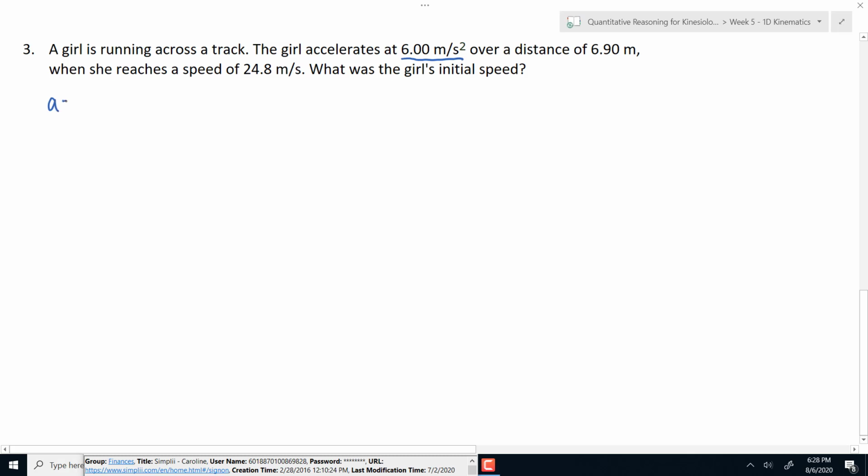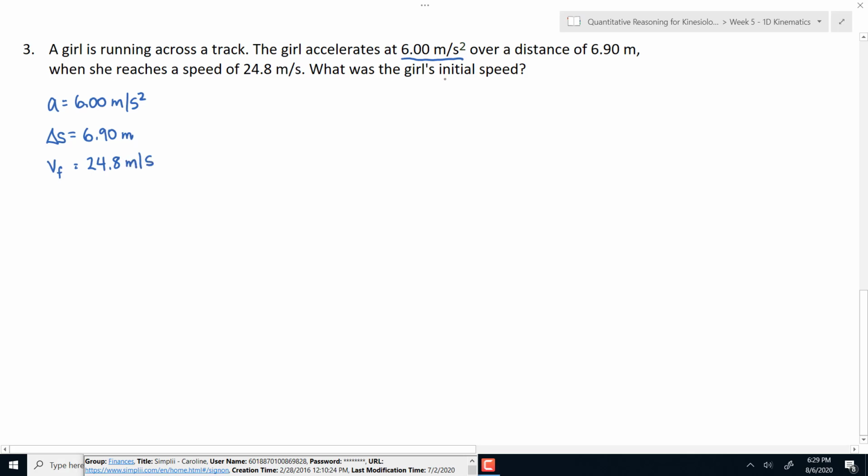So I have acceleration is equal to 6.00 meters per second squared over a distance of 6.90 meters. So that would be my delta S. That's the distance traveled, 6.90 meters, when she reaches a speed of 24.8 meters per second. So she reaches that speed, that would be her final speed. So that would be V final is 24.8 meters per second.